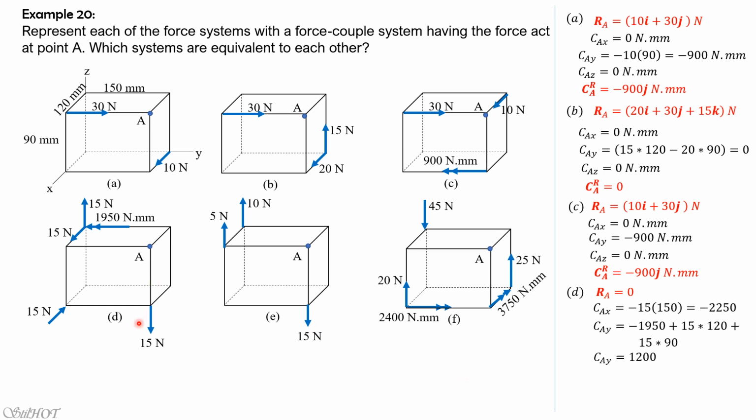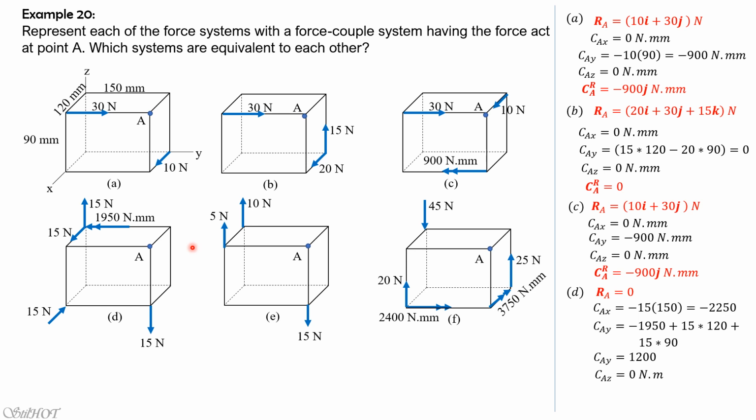Then about the z-axis, these two are parallel, and supposedly this is the AZ axis. This is positive, but there is also 15 here with the same moment arm. Therefore, the resultant couple about the AZ axis is 0. The other two vertical 15 Newton forces are parallel to the axis, so there's no couple for forces parallel to the axis.